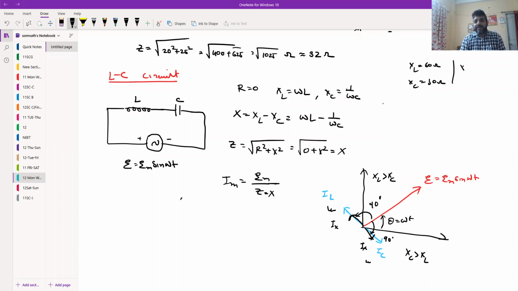If we get XL 32 ohm and XC 50 ohm, XC is greater than XL, that means minus 90. So we can't comment on it, but we can write in that manner. I_M is omega t plus or minus 90 degrees, depending on which one is greater.